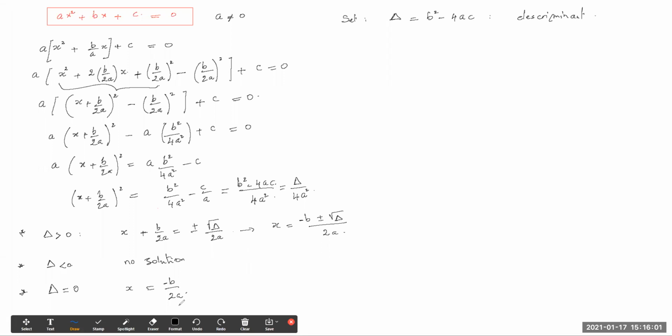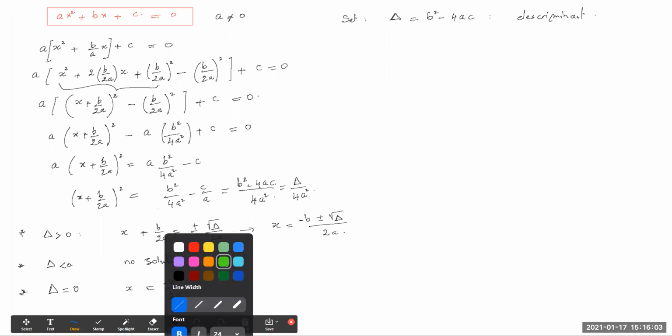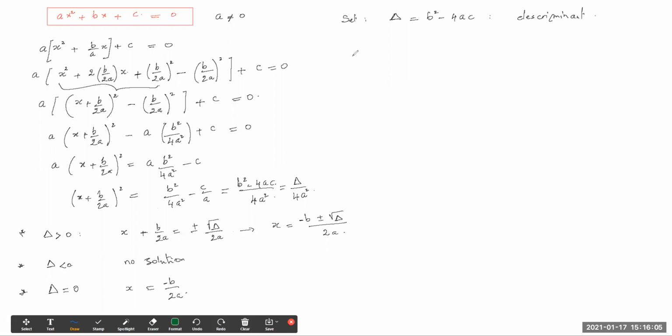We have a complete control on the situation for second order equations. So let's illustrate these three situations with three equations. First, x square plus 2x plus 1 equals 0. Here I identify a is 1, b is 2, and c is 1.